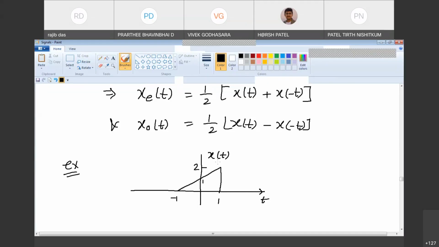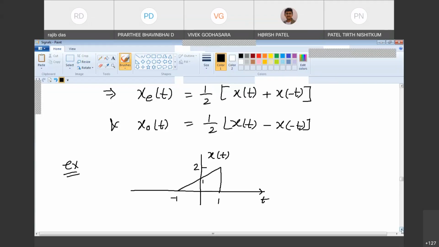Now is this signal even or odd? Is it an even signal? No, because its right side part is not similar to the left side part. It's not an even signal. Again, it is not an odd signal because the right side part and left side part are not of opposite magnitude. Okay, so it is neither even nor odd right now.